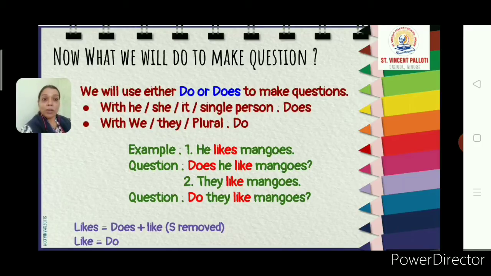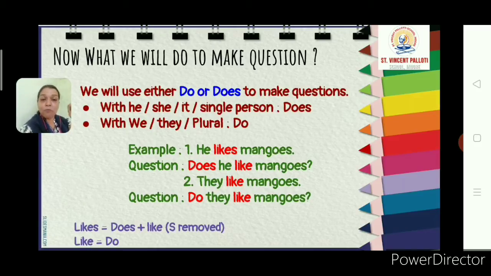Then second one, they like mangoes. The subject is plural, so we will be using do. Do they like mangoes? So with the singular person, he, she, it, we will be using does. With the plural person, I and you, we will be using do. And one more thing, here you will see, he likes mango.